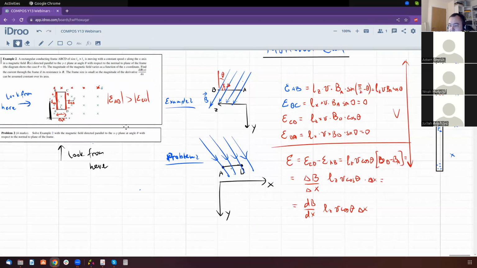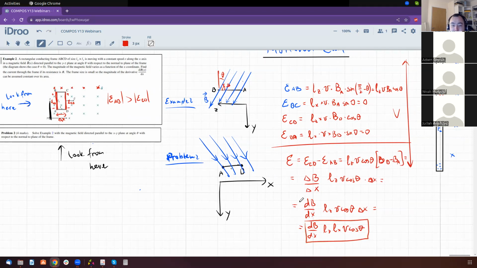See how well you're following. Lx, very good. Yes, delta X is Lx, so therefore we have dB/dx LZ Lx V cos theta. And this is the answer.